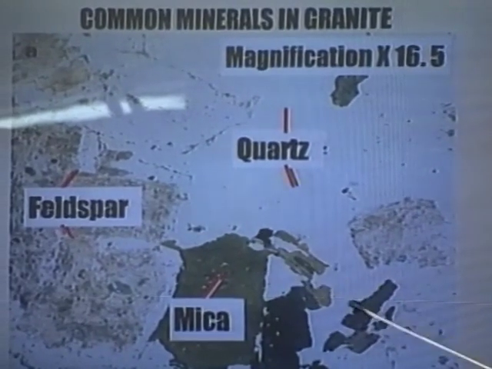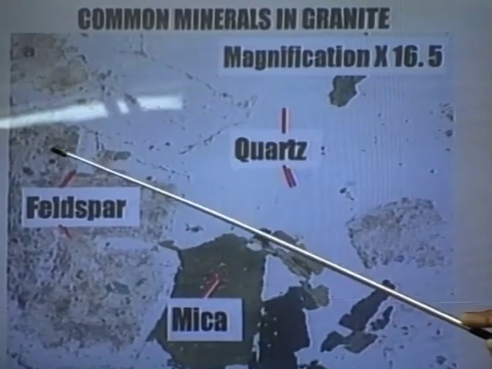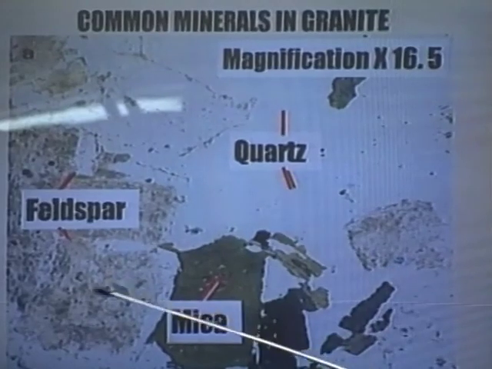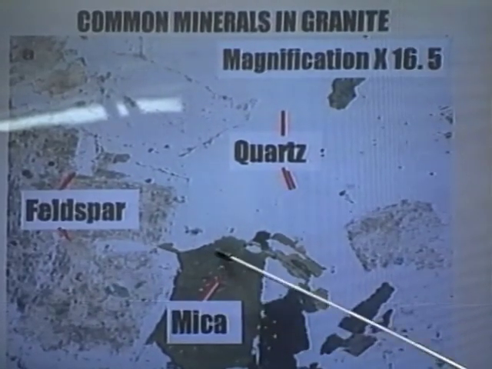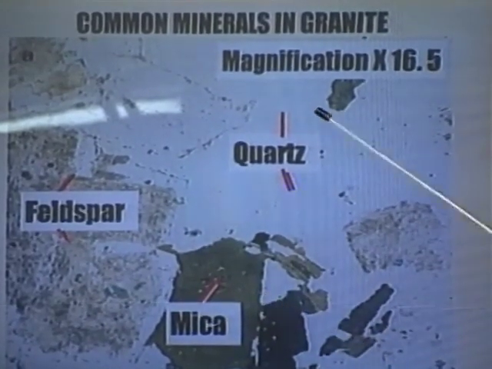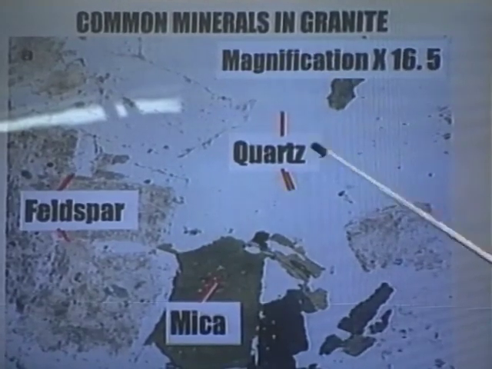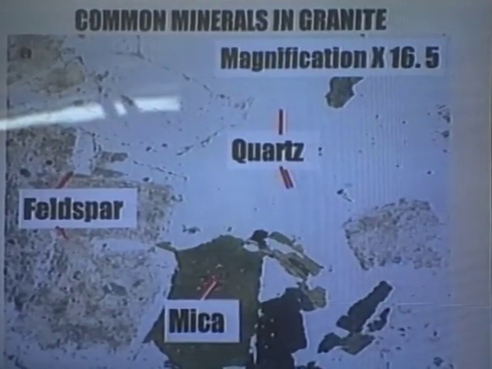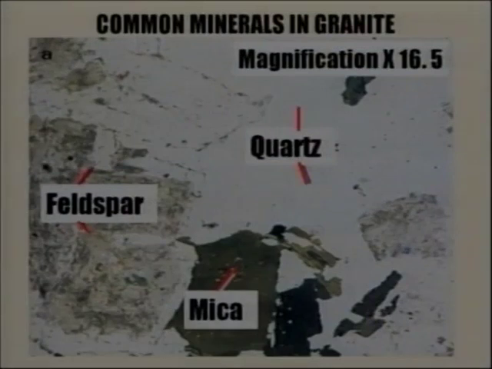So here we have a rock of granite, and you can see the feldspar in this color here, the grayish color. Mica is this color here, and the quartz, it's that white area in this particular diagram. This picture here shows granite put under the microscope and then the minerals to be able to be seen. With the naked eyes, we might not be able to see those minerals.